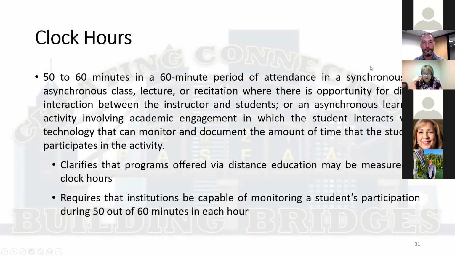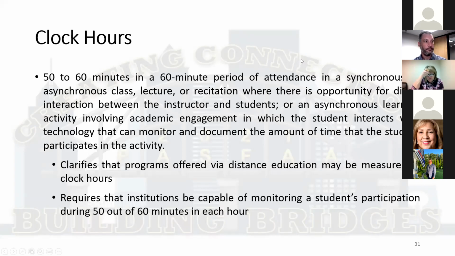They require that institutions are capable of monitoring the students' participation. So an example of an acceptable interaction could be a webcam in a synchronous setting or other technology to monitor the academic engagement. Keep in mind that the school is responsible for demonstrating that the students are either present in a virtual class, lecture, recitation, that they have an opportunity for interaction, or that they are academically engaged throughout the period counted as attending for the clock hours.